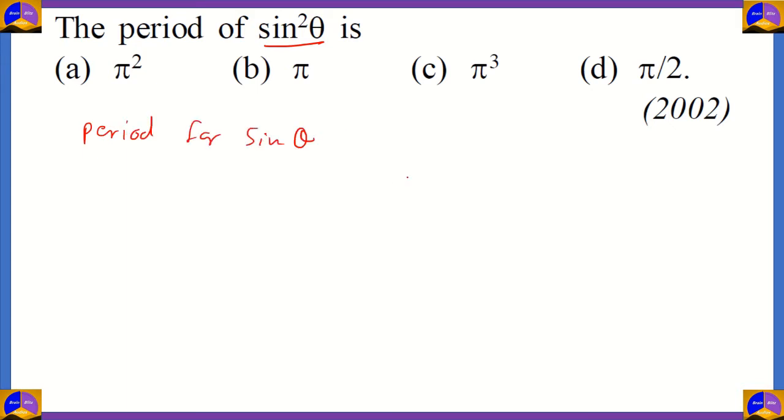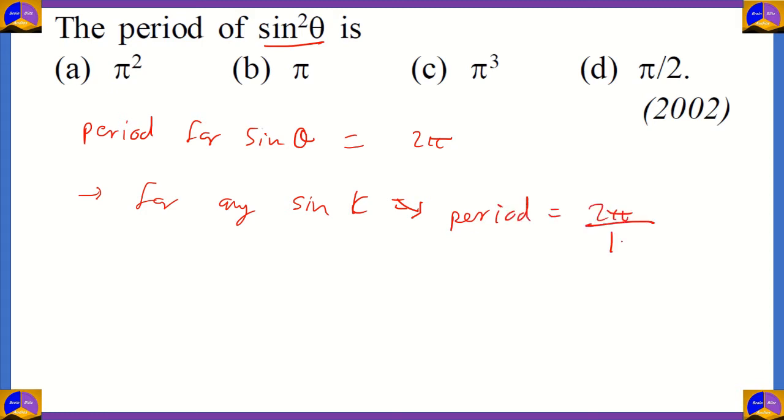So sine 0 is 0, and then after 2 pi it becomes 0 again, so that is a whole period. So the period for sine theta is 2 pi. And for any sine k theta, we can write the period as equal to 2 pi divided by k.